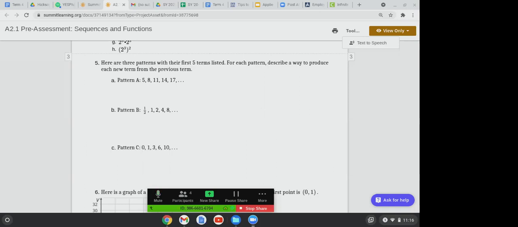Then we added 2 to 1 and got 3. Then we added 3 to 3 and got 6. Then we added 4 to 6 and got 10. So there is a pattern, but not the type of pattern that is recursive, happening over and over again. There is something different happening in pattern C. So that was what they were kind of going at there.